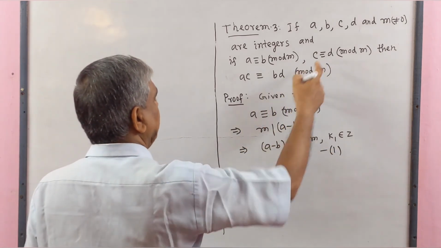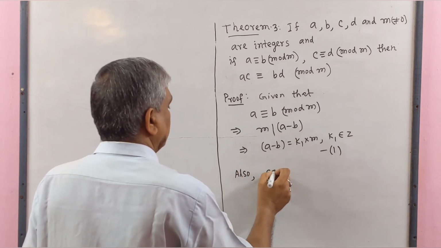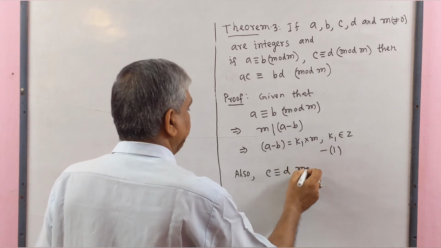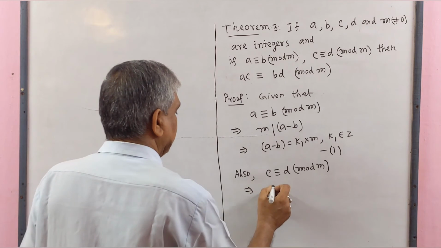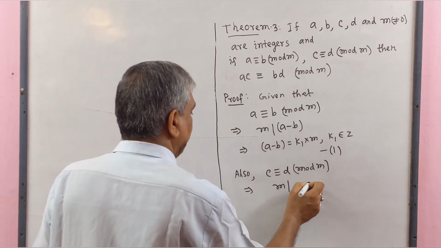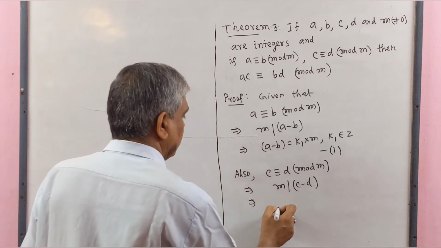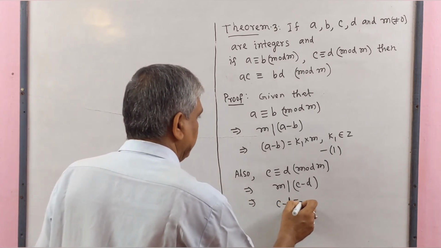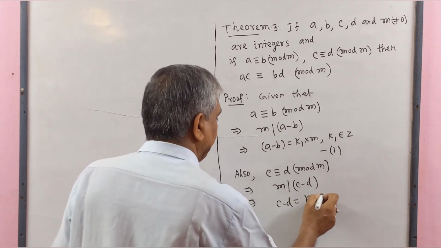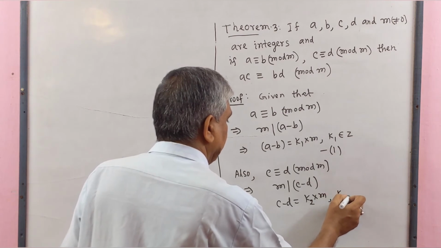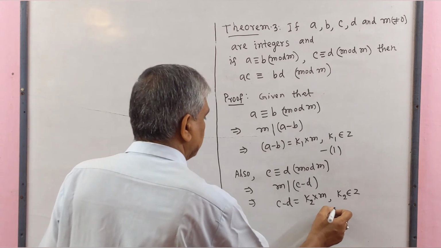Also given that c is congruent to d modulo m implies that m divides c minus d, which implies that c minus d equals another integer k2 multiplied by m, where k2 is another integer. This is number 2.